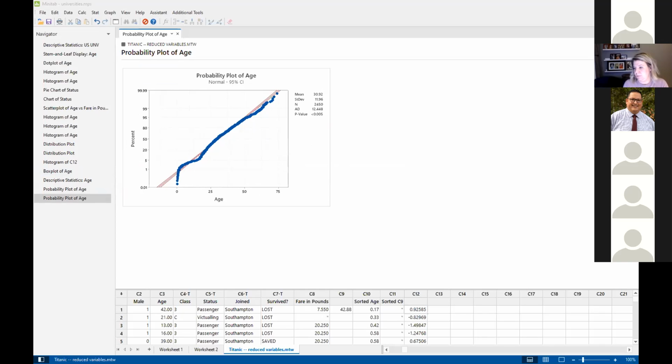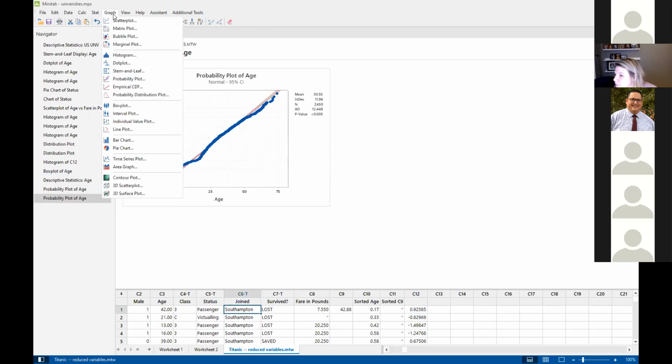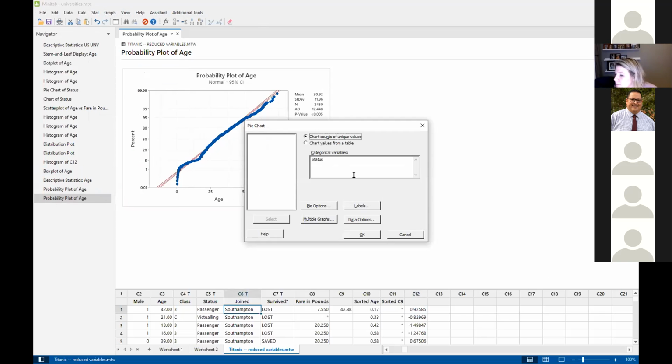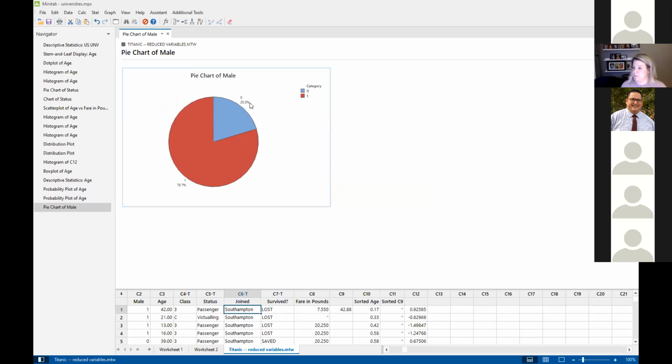This is chapter 3 and 4. I only ask very simple questions. For example, you don't need to do anything under Graph, just go to pie chart, and I just do male and female, and you get the percentage, 79.7 and 20.3. I did not ask anything apart from that. Similarly, I asked four or five questions about lost or survived.